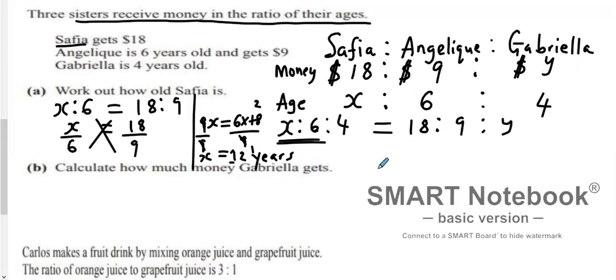So I'm going to ignore this and ignore that. I'm going to have 6 : 4 equals 9 : y. So from here I can work out the value of y. Write this ratio in the form of a fraction.